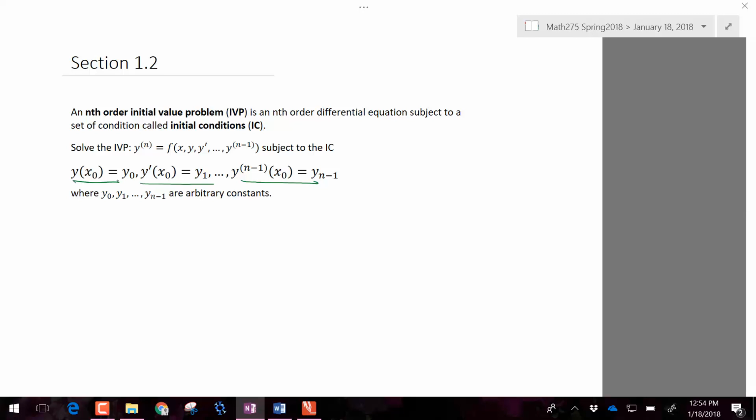No, there should be n equal signs. Because there's 1, and 2, 3, 4, etc., and then n-1, and then there's this extra one over here, where sometimes we consider it the 0th derivative if we're talking about the original function without taking the derivative of it. So for all you computer programmers, everything starts at 0, right? So 0 to n-1, there's actually n of them.